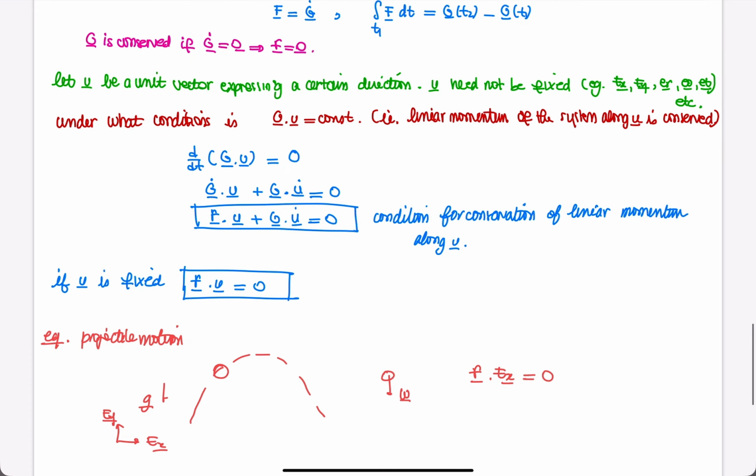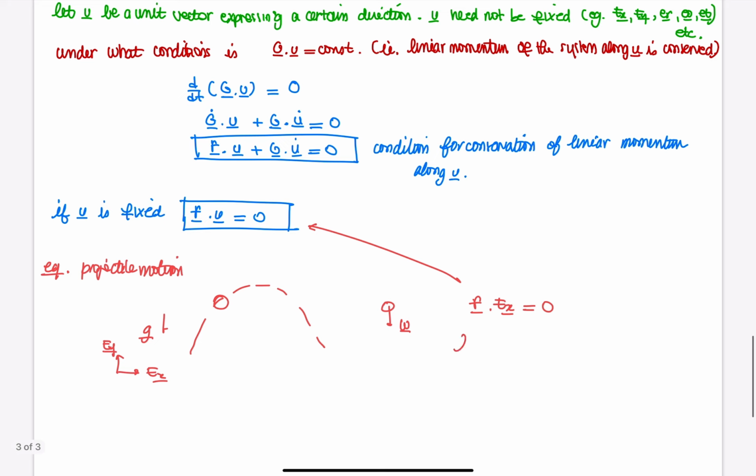Well, this just means, looking at this condition, that the linear momentum of the projectile along Ex is conserved. Ex is fixed, so I do not have to worry about this larger expression.